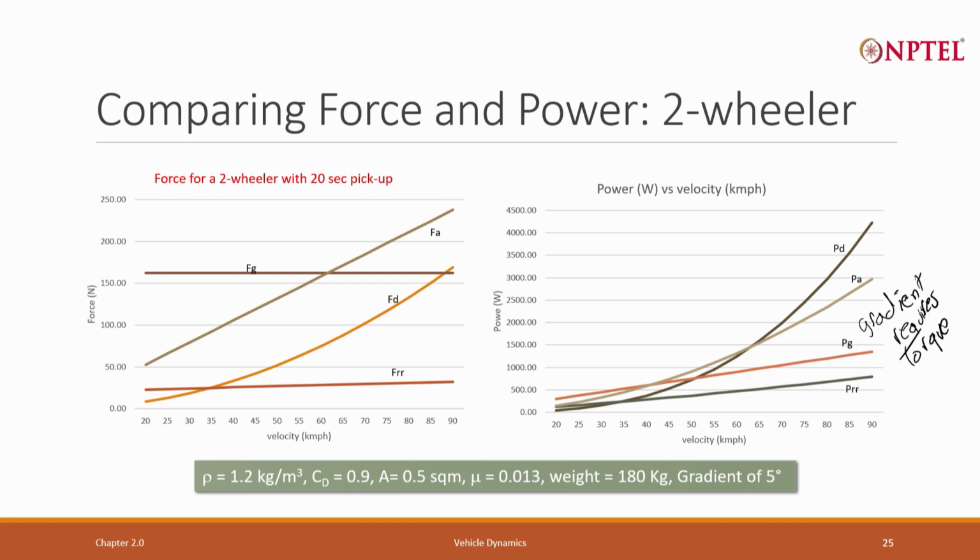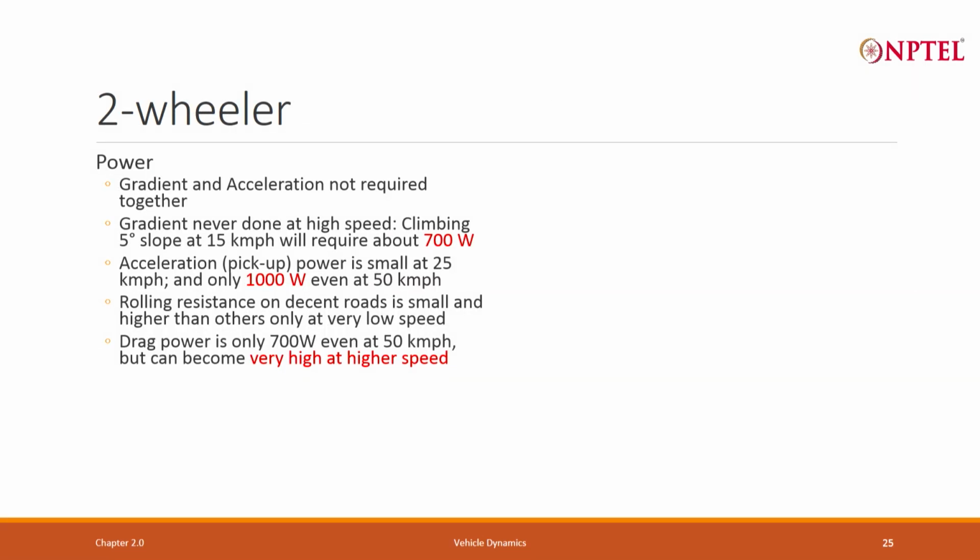Rolling resistance on decent road is small. If you look at it, the power requirement is not that large. At 50 kilometer per hour, it is around 400 watts, it goes up to 500-600 watts. Drag is only 700 watts at 50 kilometer per hour.